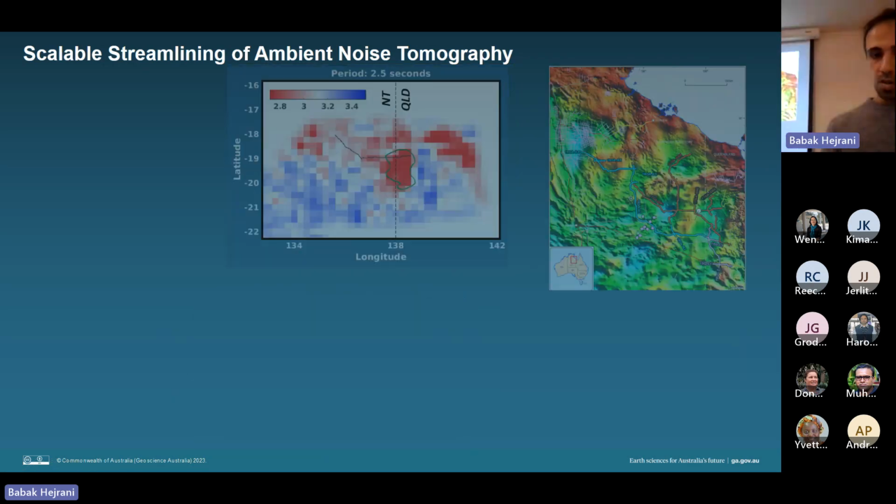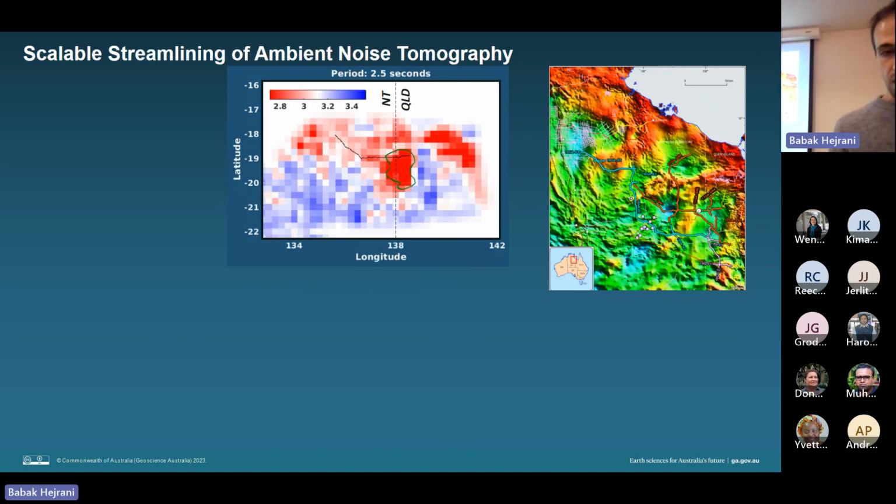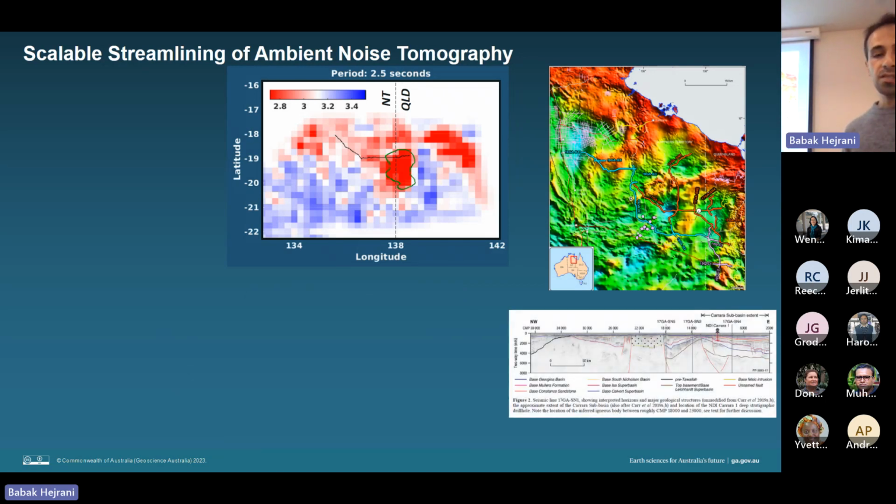Moving on, I have two other seismic lines that I'd like to compare with. This seismic line was deployed after they discovered the Carrara Basin. This seismic line starts in the Carrara Basin, goes further west, and crosses this low gravity anomaly.